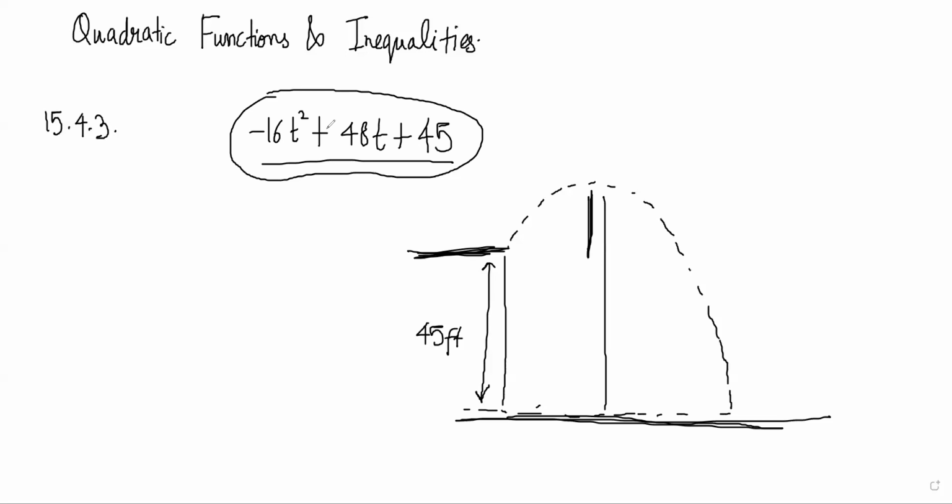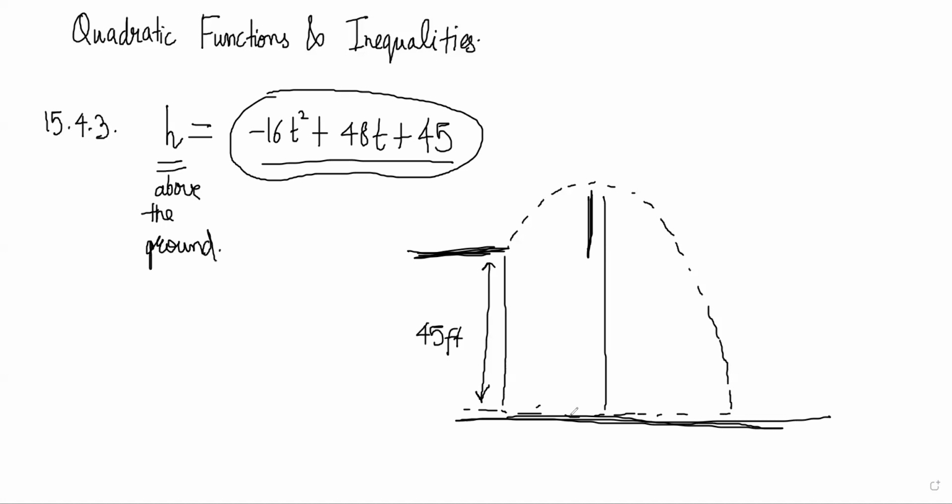It says the height in feet of the ball above the ground at t seconds is given by negative 16t squared plus 48t plus 45. It says it in the question. Is the second line telling us that height is being measured from the ground? Yeah. Now, height above the ground, this is.